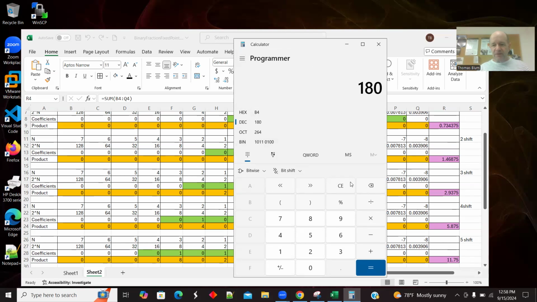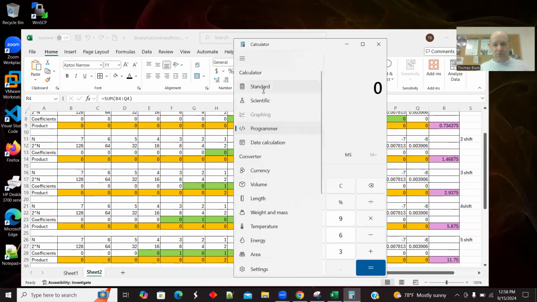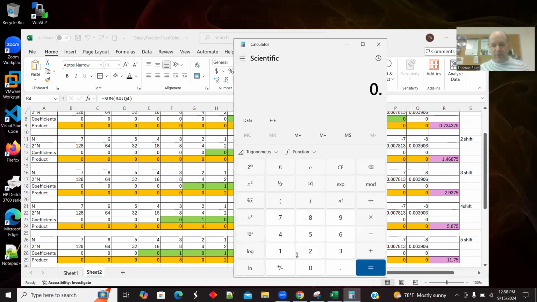If I have a very small number, let me go back to scientific, 0.123, then multiply that by 2 raised to the 8. Let's say again, I want 8 bits, 31.